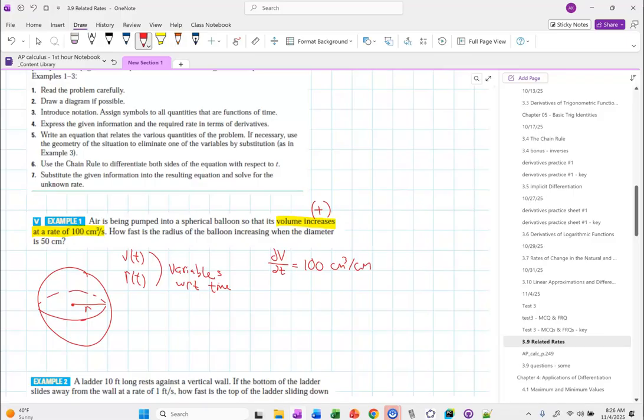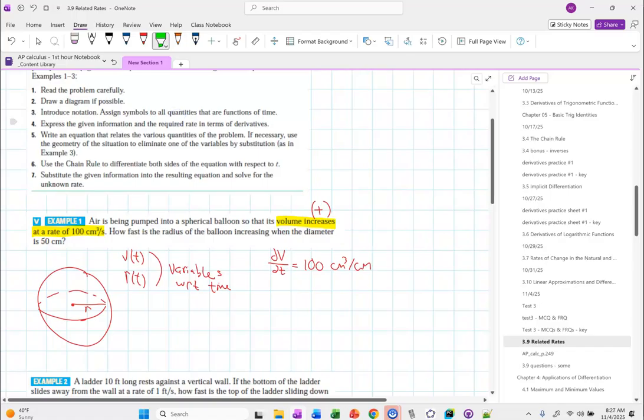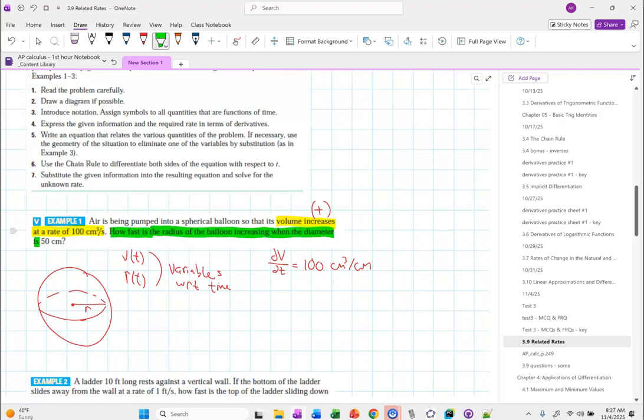Okay. The next says, how fast is the radius of the balloon increasing when the diameter is 50 centimeters. What are we being asked to find? How fast is the radius increasing? That is also asking for a rate, correct? How should we rewrite that rate? It should be the derivative dr/dt.